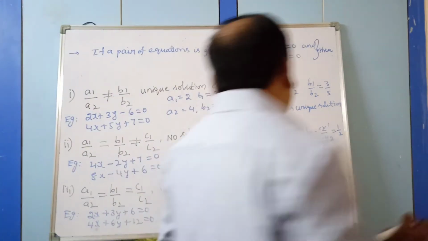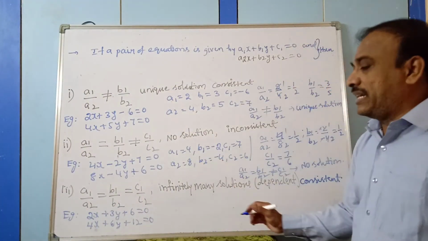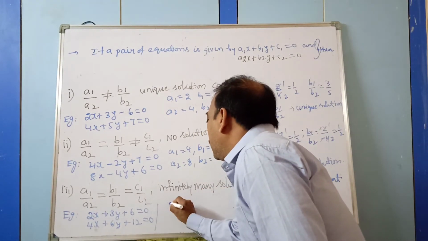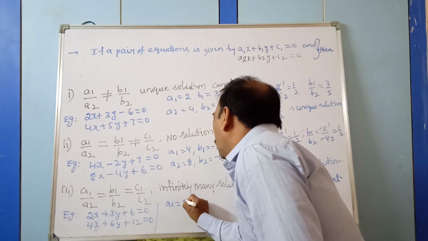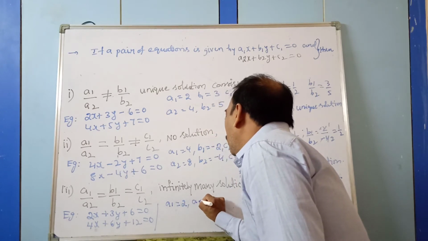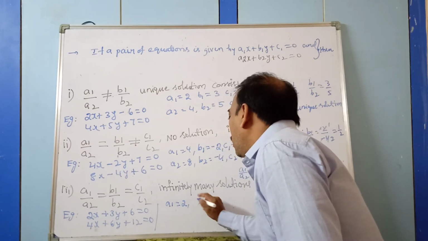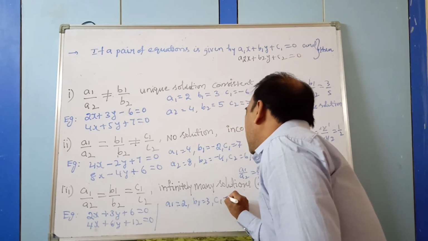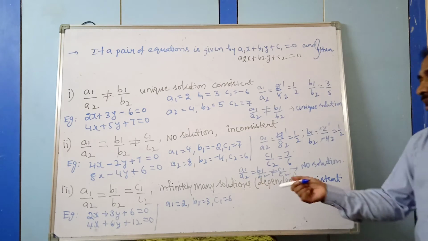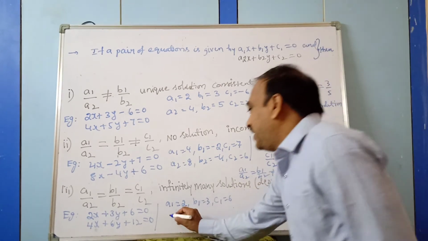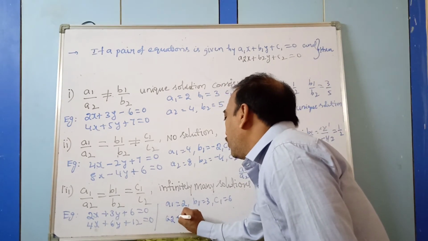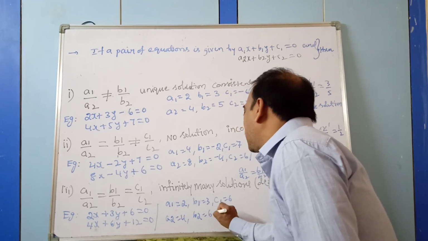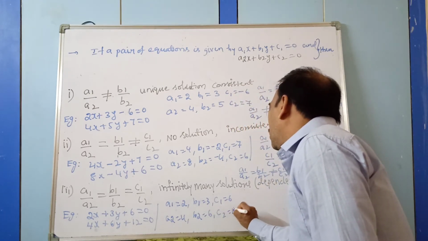Now compare the coefficients. A1 is equal to 2, B1 is equal to 3, C1 is equal to 6. Next, A2 is equal to 4, B2 is equal to 6, C2 is equal to 12.